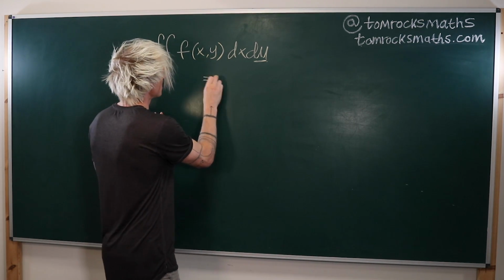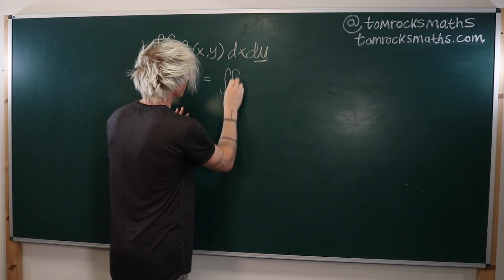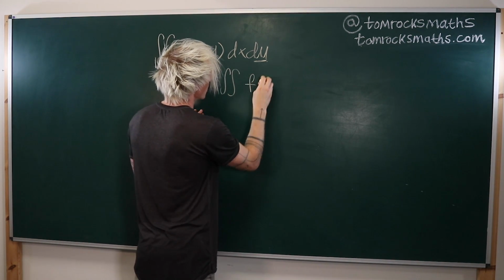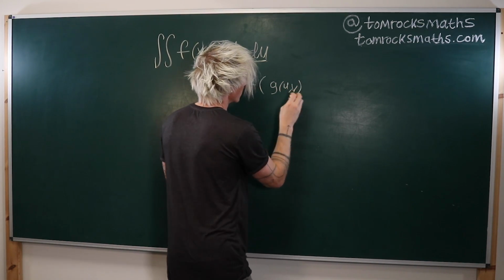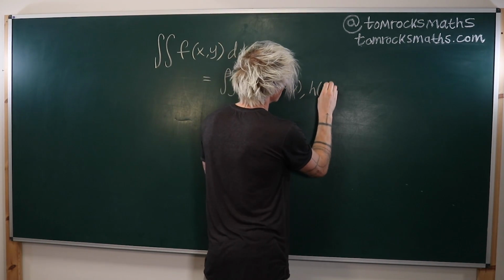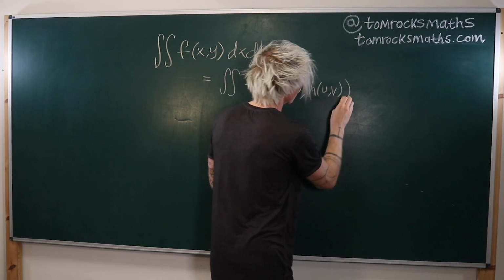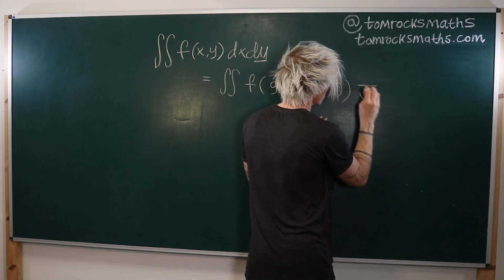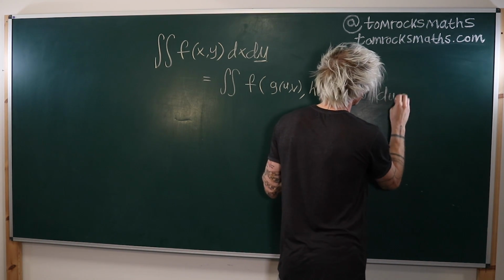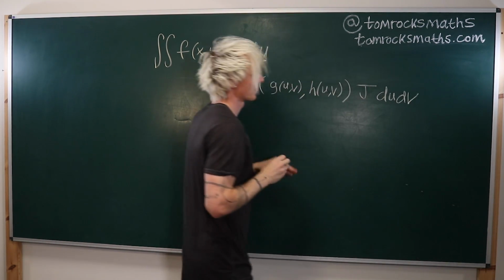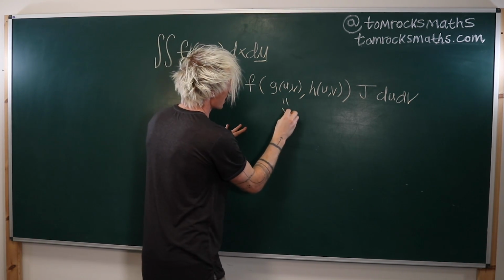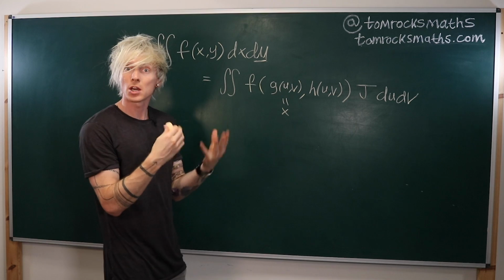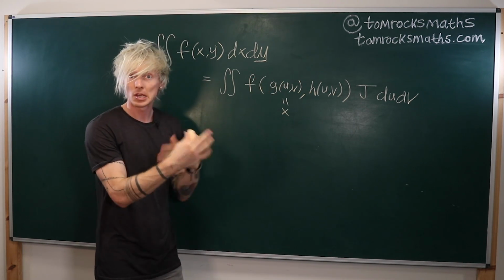So I can say this is equal to f as a function of g of u and v, of h of u and v, times my Jacobian, du dv. And here I'm saying we have a formula that tells me that x can be expressed in terms of our new coordinate system, u and v.